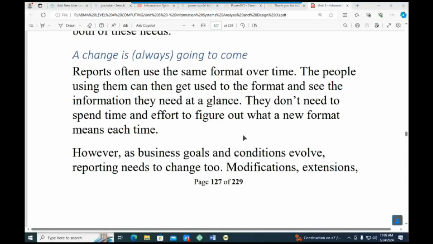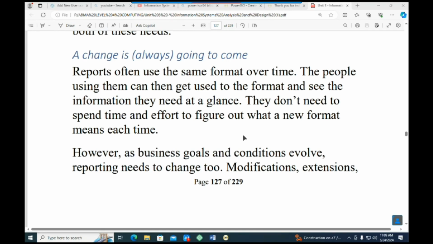Another key thing that you need to understand is change is inevitable. Change is always going to come. If you look at reports, reports are going to use the same format over time. So if they are using the same format over time, then the people using those reports will get used to that particular format.